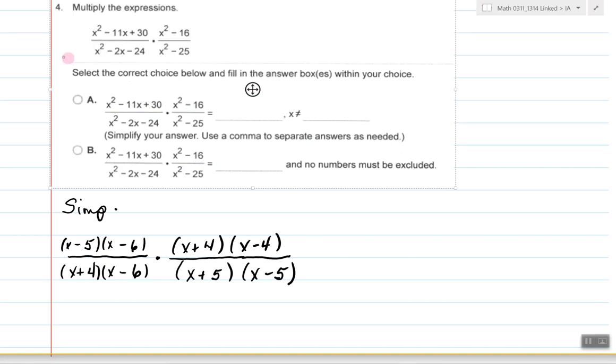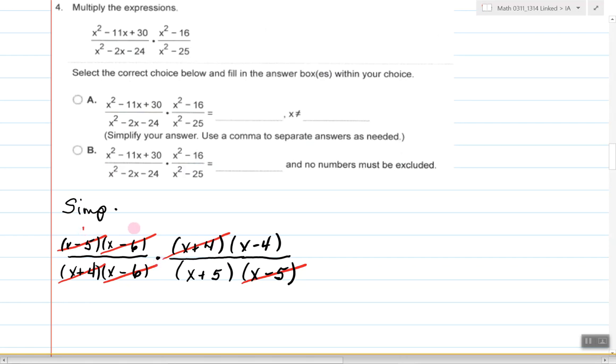Getting my red pen, I'm going to look on this diagonal, and I have an x minus 5 and an x minus 5. Looking on this diagonal, I have an x plus 4 dividing out. Looking up and down, I have an x minus 6 and an x minus 6.